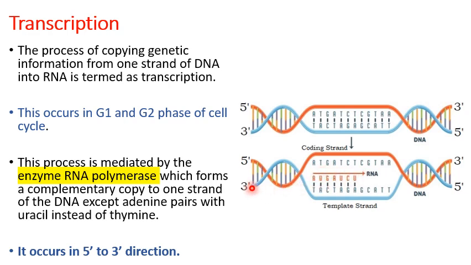The strand that is from 3' to 5' acts as a template strand, and an RNA chain is formed complementary to this template strand. So this strand is referred to as the template strand, whereas the other strand, which is in 5' to 3' direction, is called the coding strand.